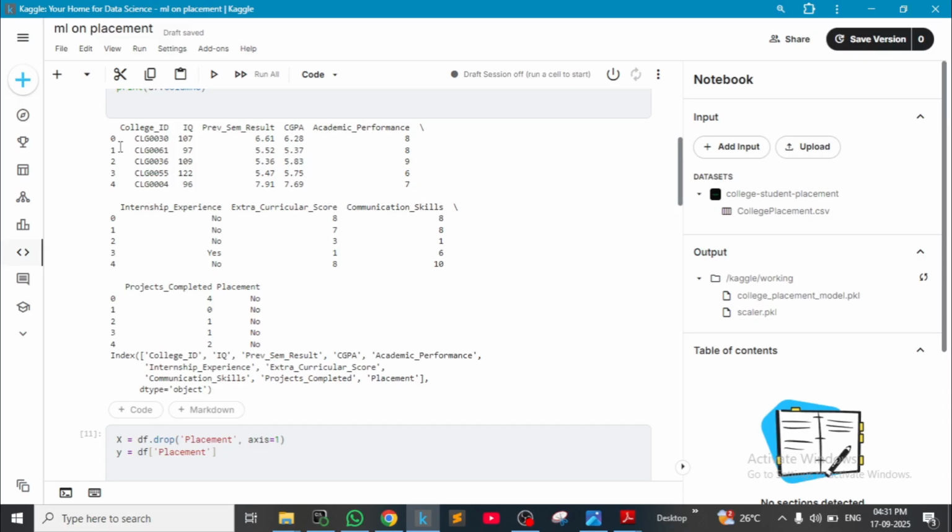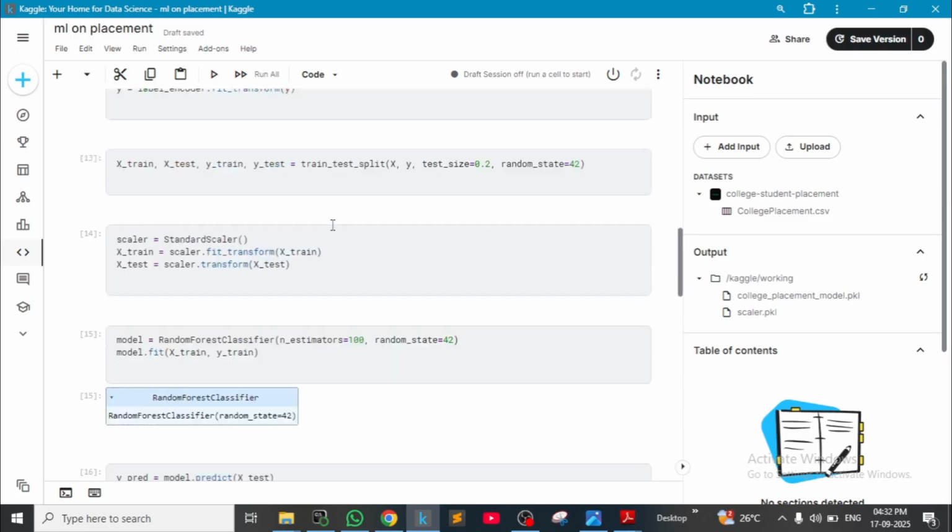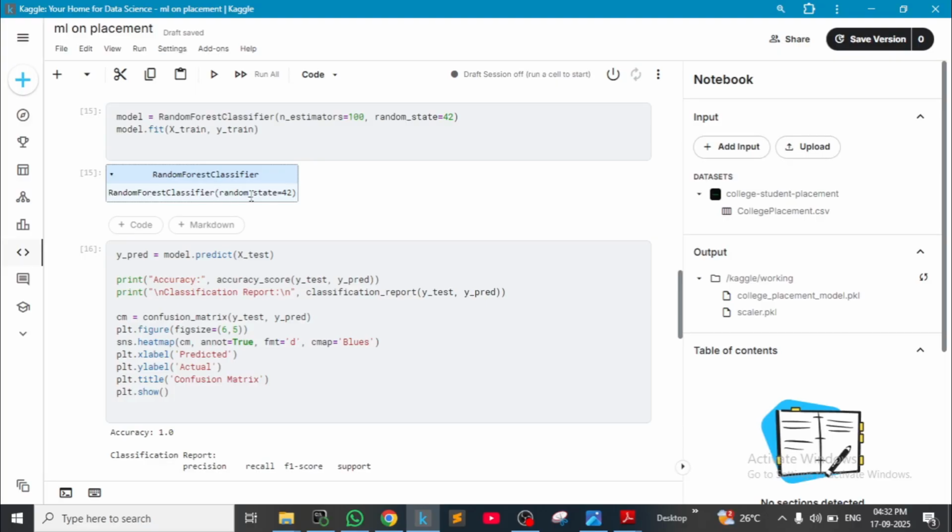Inside this we have college ID, IQ, previous semester result which is CGPA, academic performance, internship experience, extracurricular score, communication skills. Okay, which I have already shown you. And the model we used is a random forest classifier, with random state 42.